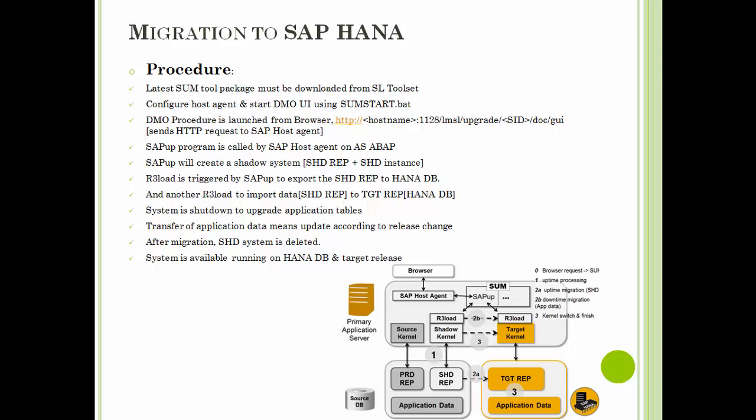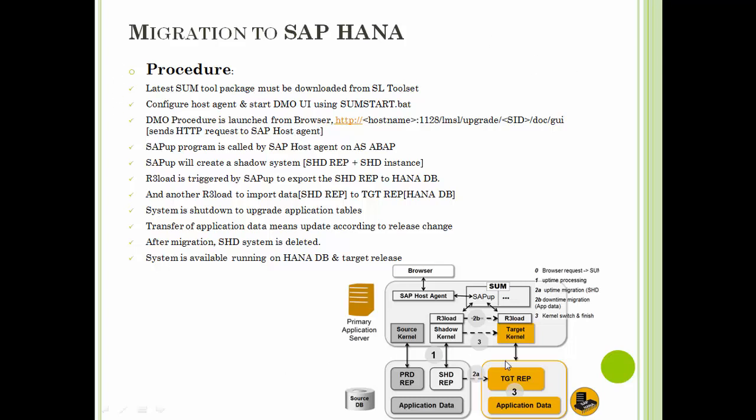And then once we launch it, HTTP request is generated, which is sent to the SAP host agent. And since this program is launched based on a SUM solution, we have SAP program started.